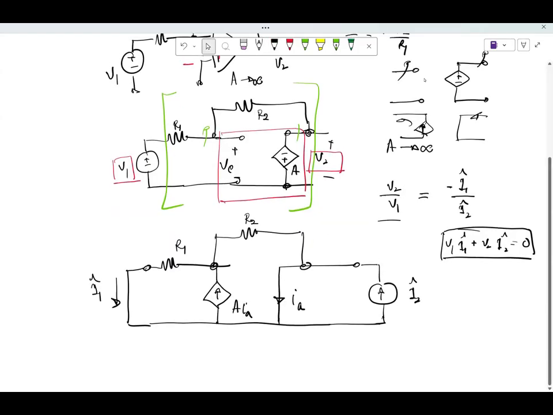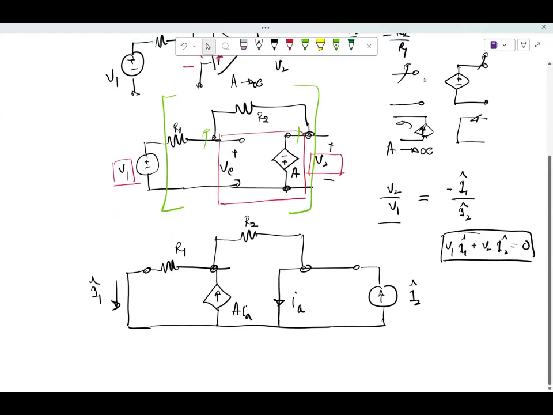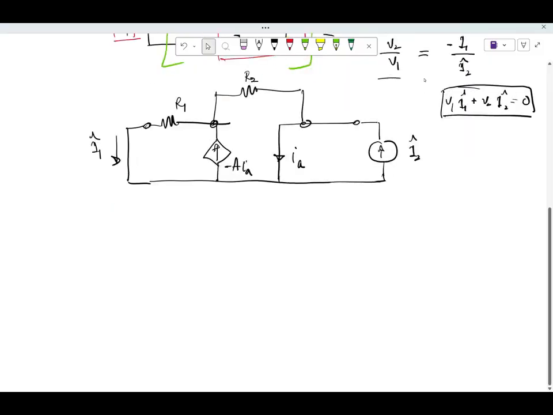But in our case, this is flipped, so we should also flip this. In other words, if we have to be strict, this is going upwards and this is negative IA, right? So let's stick to that since we are doing it for the first time.